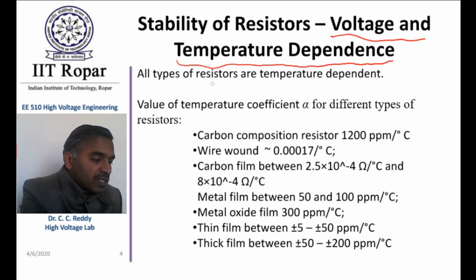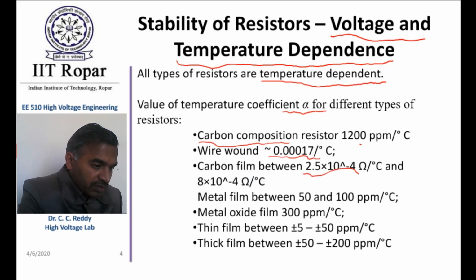All types of resistors, irrespective of type, are temperature dependent. Their resistance is temperature dependent. The value of the temperature coefficient alpha for different resistors is given below. For carbon composition, it is 1200 ppm; wire wound, 0.00017 per degree centigrade.